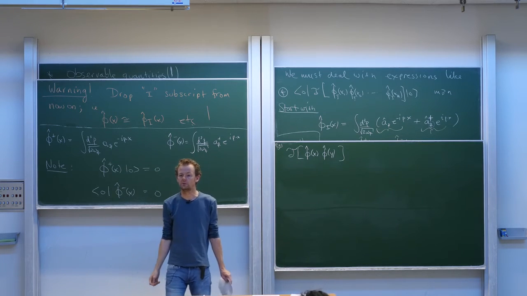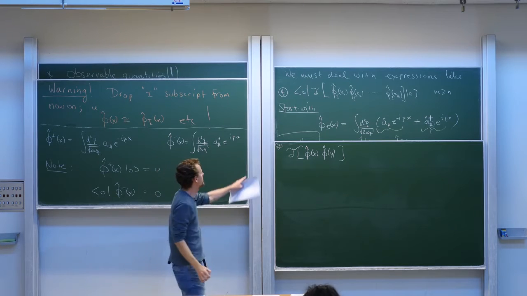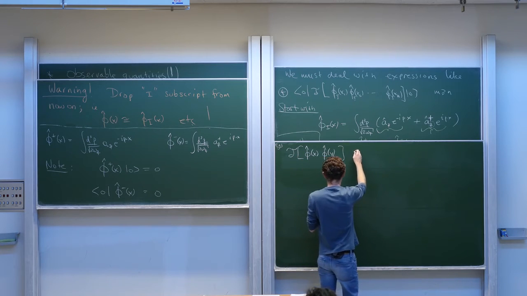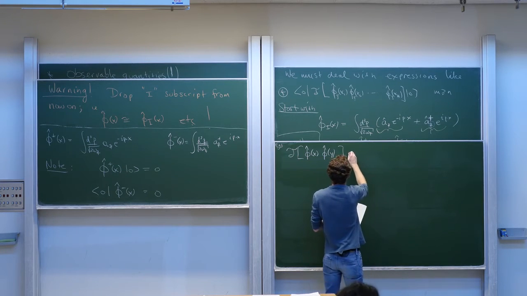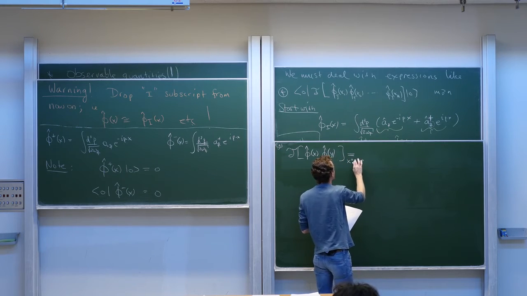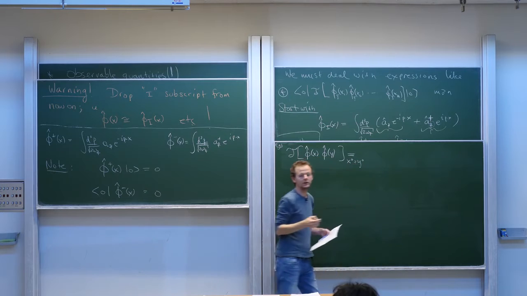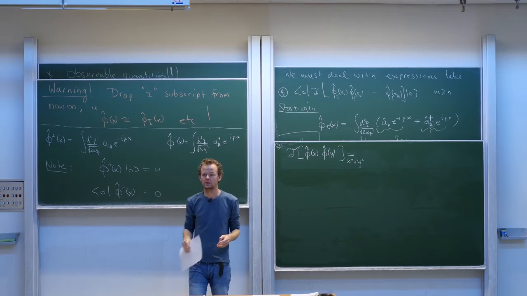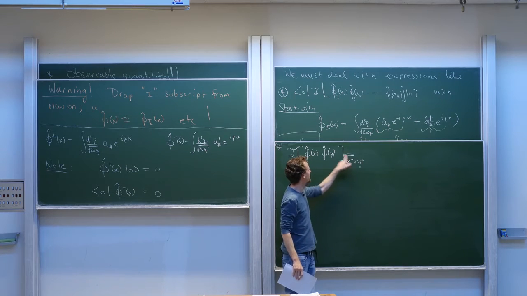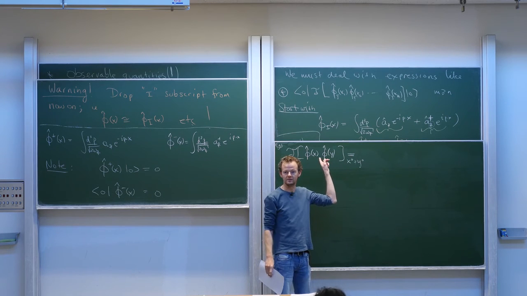Let's see what this time ordering symbol does to an expression involving field operators. Well, we can make our lives easier by assuming that x naught is bigger than y naught. If we make that assumption, then we know how to write out this expression here.